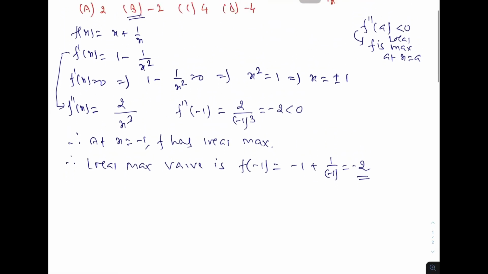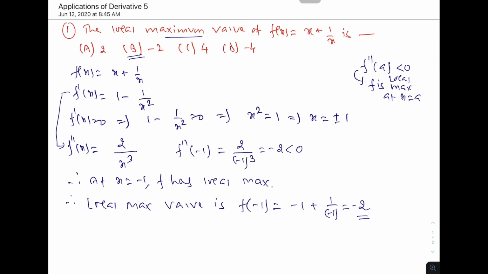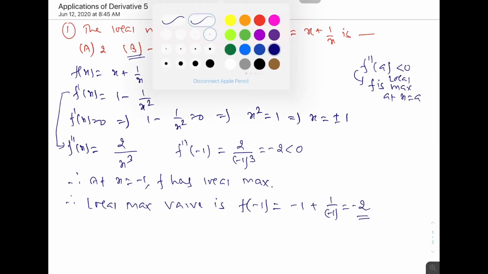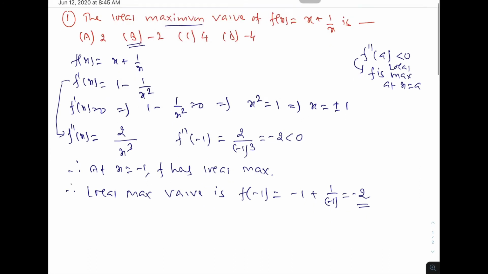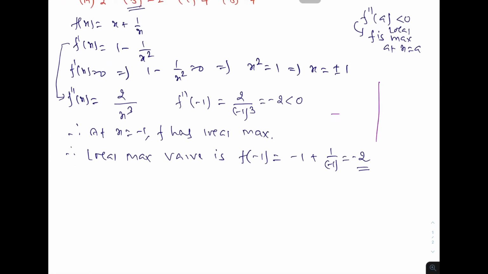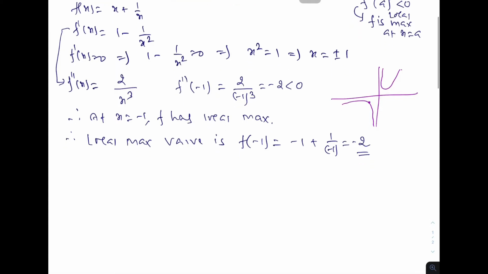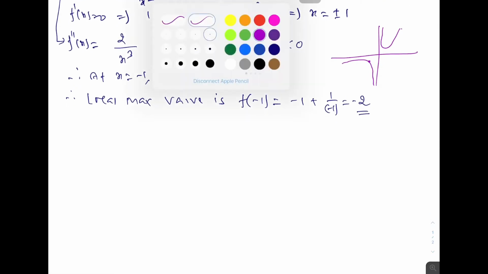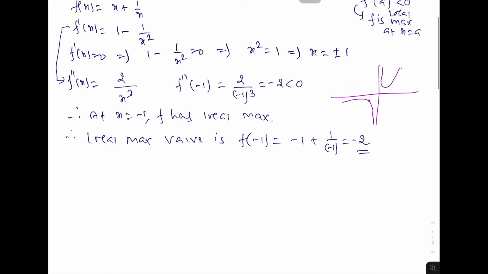Okay, see here the graph of this function is like this, in this way, and similarly like this. Okay, so here we are getting the local maximum value. Okay, let us take the next example. So here the option is B.